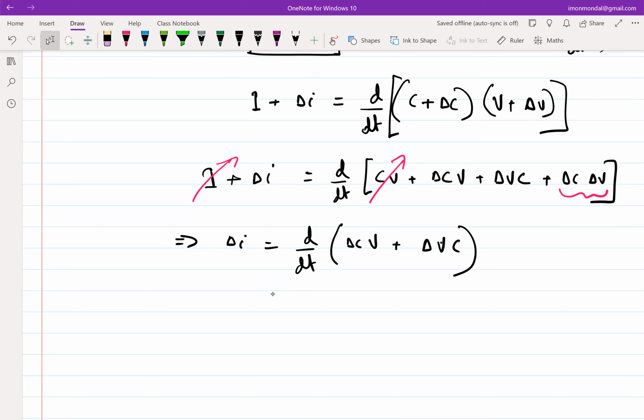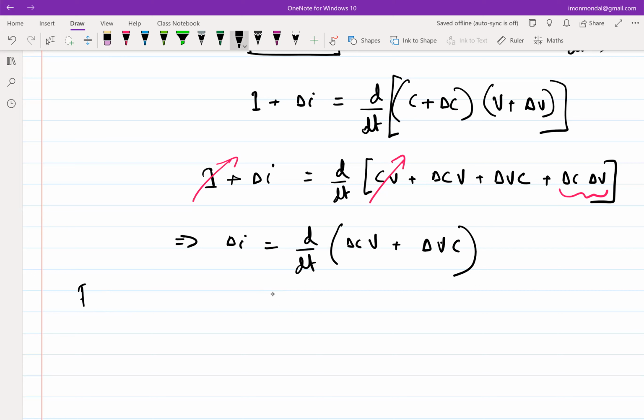Now if we assume that the capacitance is linear, how will this equation get modified for a linear capacitor? What I mean is the capacitor is a linear element, not that the capacitance change is linear. So if the capacitor is a linear element, how will I modify this? Del C will be equal to 0, right?